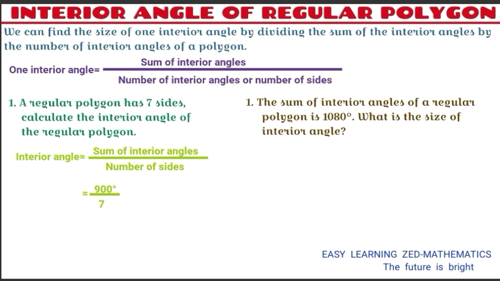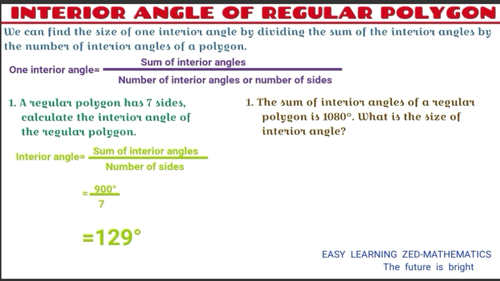When you divide 900 degrees by 7, you're going to get a decimal number, 128.57, and other numbers. But when you round off this number to a whole number, you're going to get 129 degrees. So the interior angle of a regular polygon with 7 sides is equal to 129 degrees.